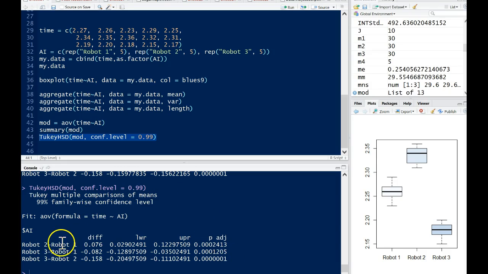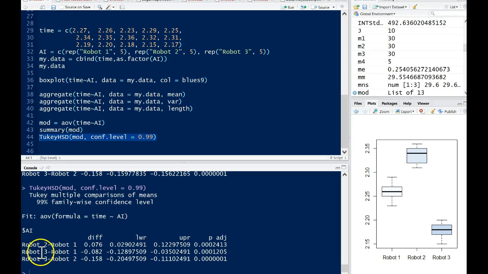And so for robot 2 versus robot 1, it looks like robot 2 is 0.076 minutes slower than robot 1 on average on doing the same task, with a confidence interval from 0.029 to 0.1229. And so we can see that this doesn't span 0, so it's definitely going to be significant at that 1% level, but we can also see that from the p-value.